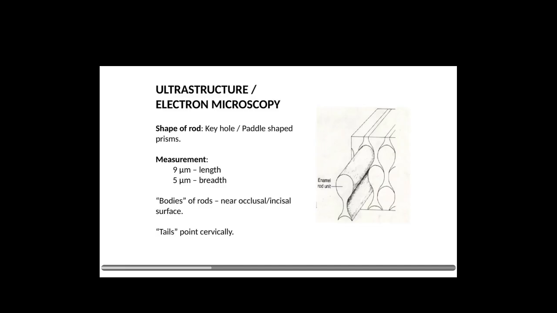Electron microscopy reveals that enamel rods are keyhole or paddle-shaped prisms, measuring 9 micrometers in length and 5 micrometers in breadth. The bodies of these rods are located near the occlusal or incisal surface, while the tails point cervically, providing structural integrity and functional adaptation in dental enamel.